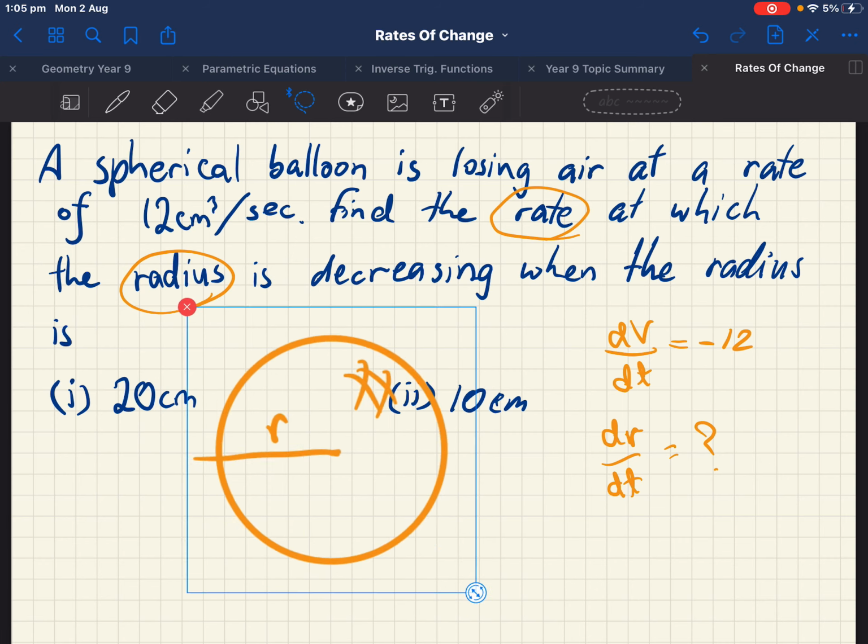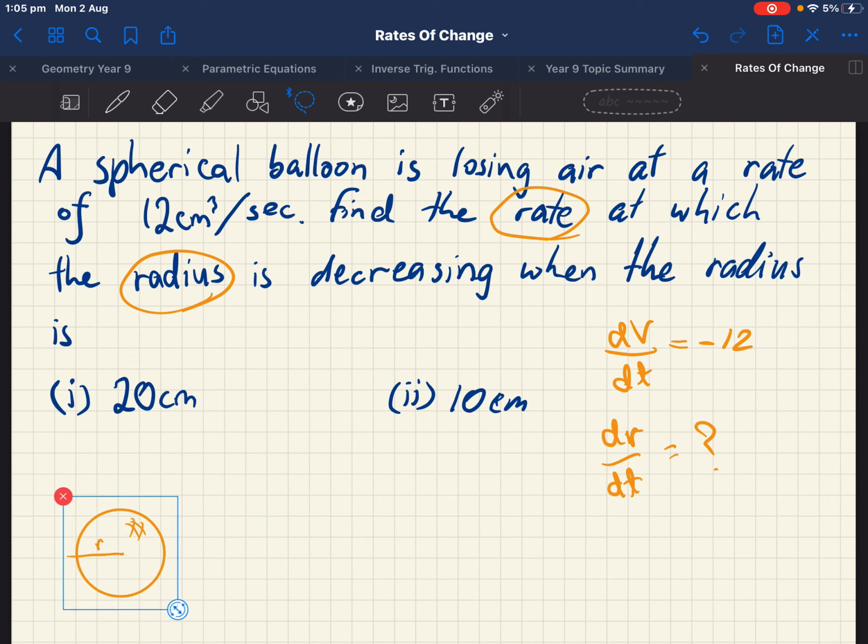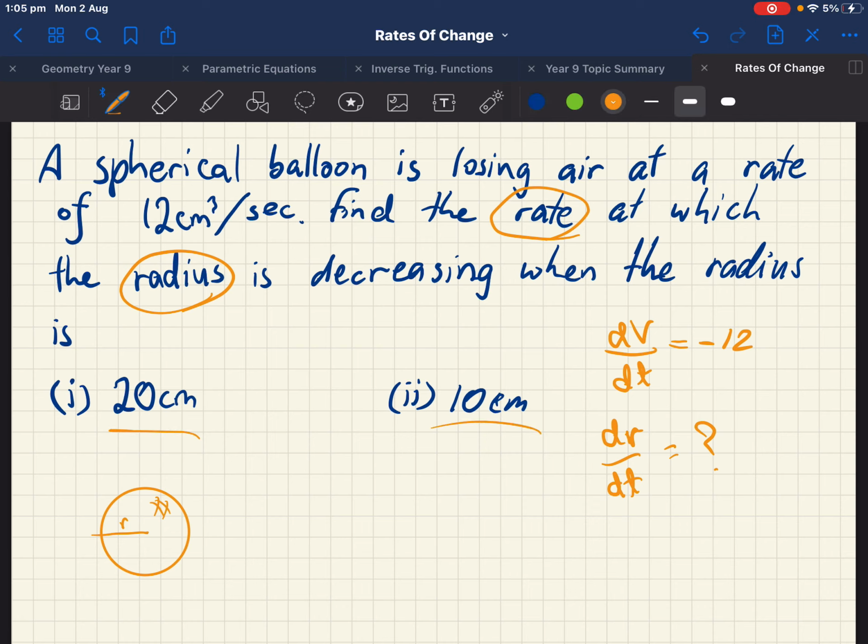It's getting smaller and smaller. We're going to find the rate at which the radius is decreasing at 20 centimeters and again at 10 centimeters.